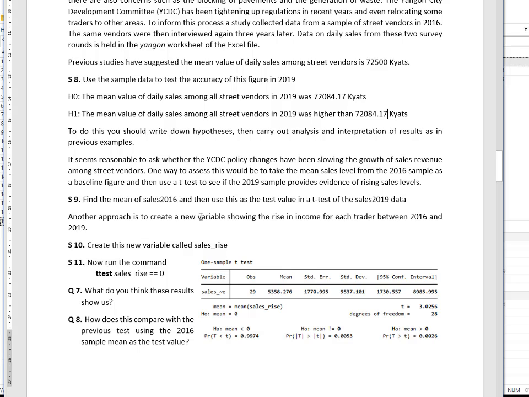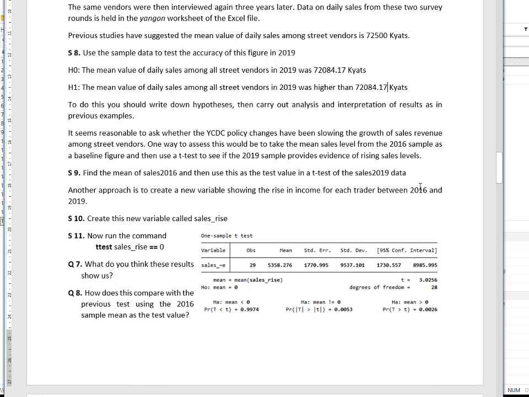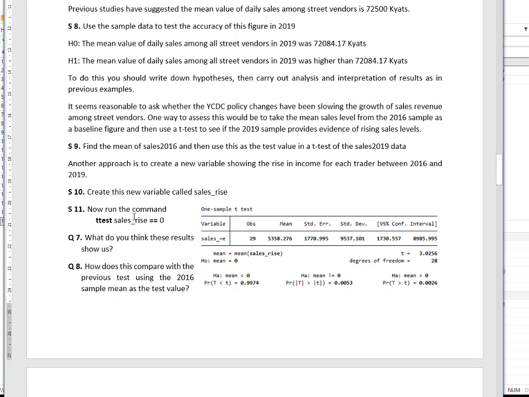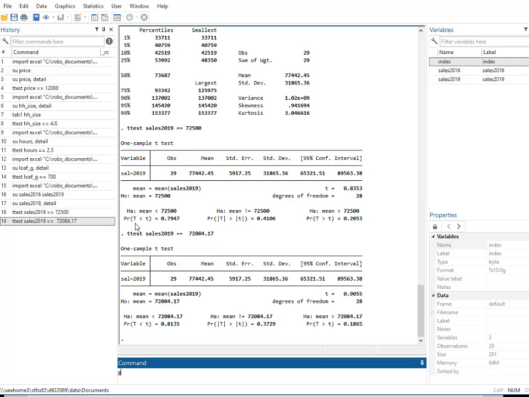which is to create a new variable, and the new variable's got to show for each trader how their income would rise. Now, that's part S10. The way to do that is to use that gen command that you've had before. I was going to put sales rise. And this is where you put equal because you're making something equal, so it's just one equal sign.